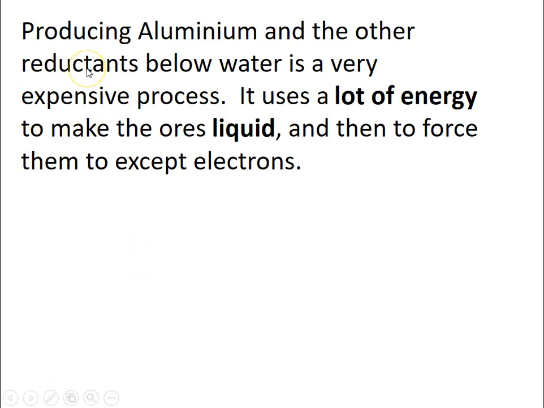Producing aluminium is a metal that's below the water on the electrochemical series, one of the strong reducing agents. So it actually uses a lot of energy because it has a high melting temperature, to make it a liquid. Then you need a lot of energy to give the electrons to it to undergo electrolysis.